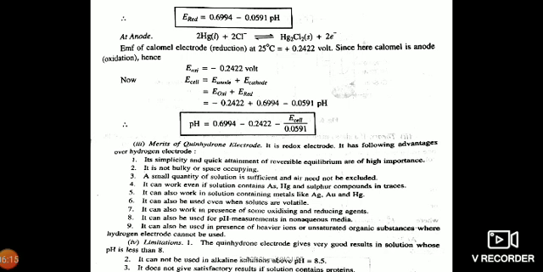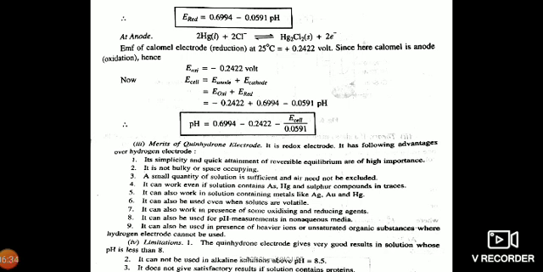So the EMF of the calomel electrode for the reduction process, rated at 25 degrees centigrade, is plus 0.2422 volts. Since here calomel is the anode, oxidation, we write E oxidation is equal to minus 0.2422 volt.